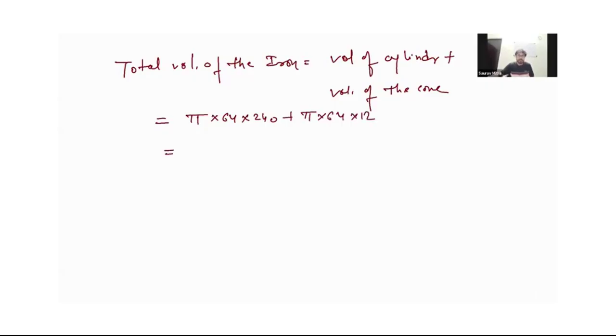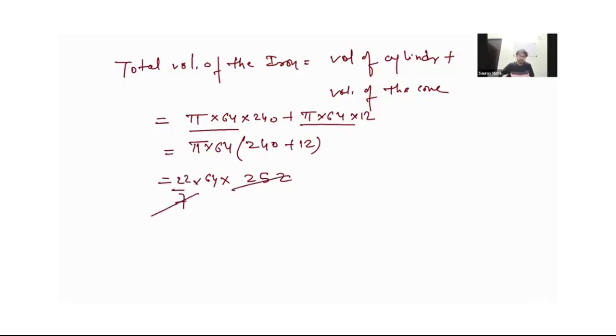We take the common pi into 64 out, so it is 240 plus 12, which is 252 into 64 into 22 by 7. Now we can use the calculation here: 7 cancels with 252, giving 36. After calculating, we get 22 into 64 into 36 centimeter cube.